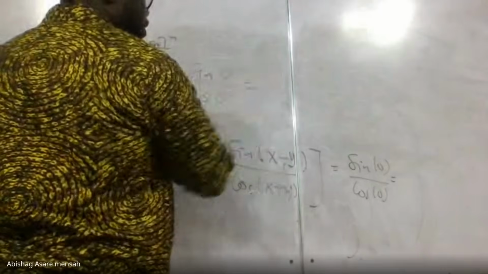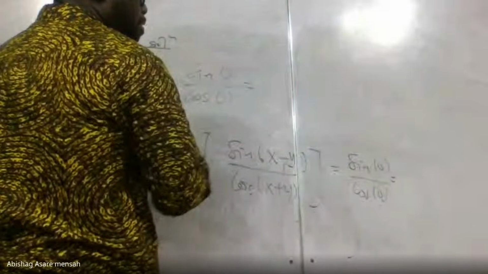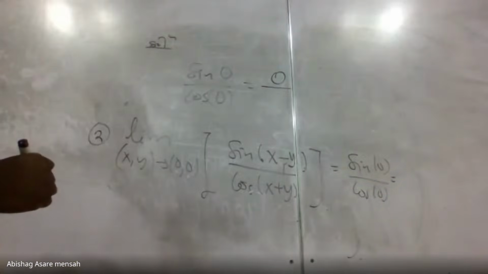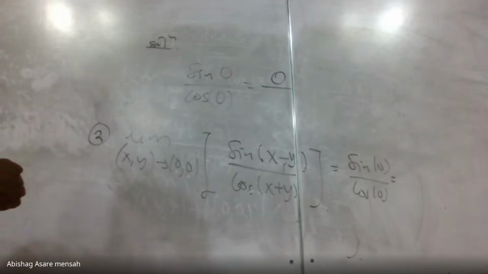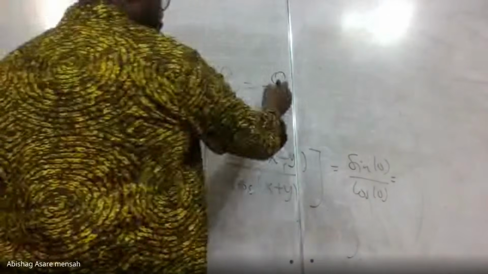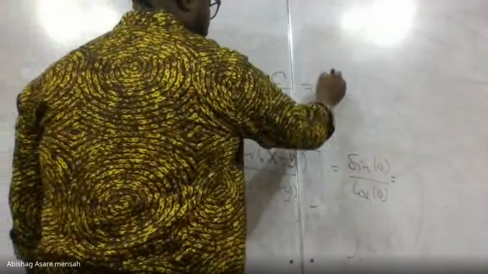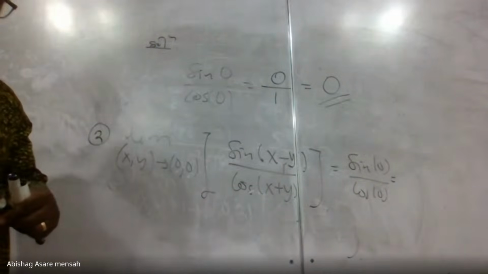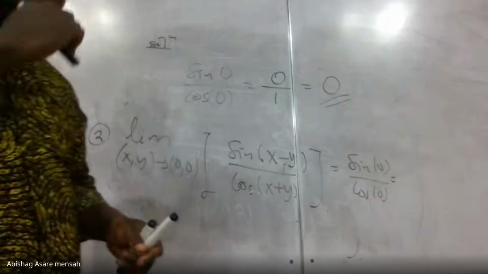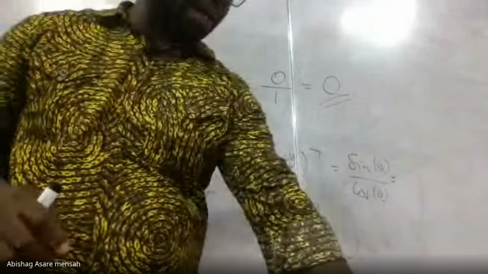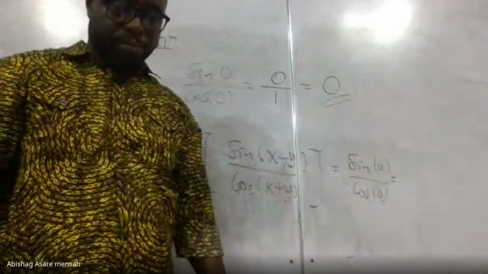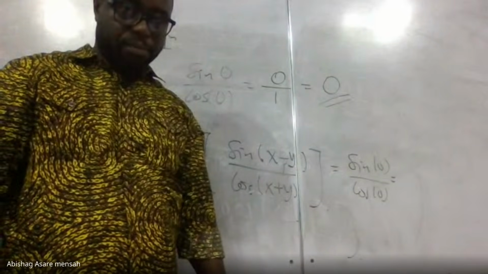But we know that sine 0 is 0, and cos 0 is 1. So this is 0 over 1, which gives the answer 0. Okay.